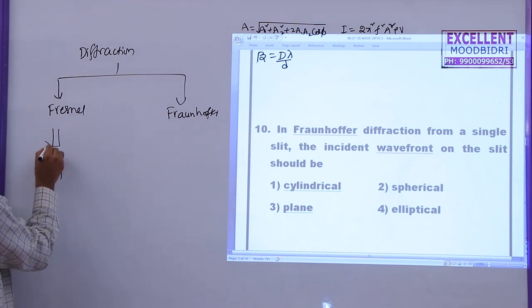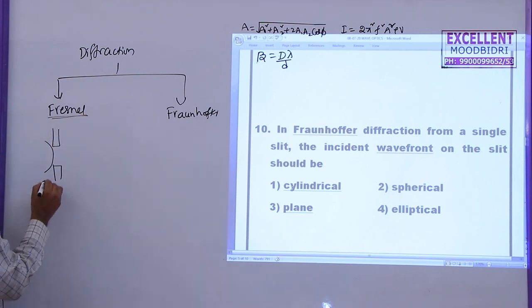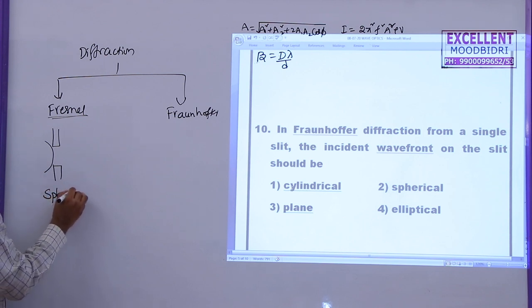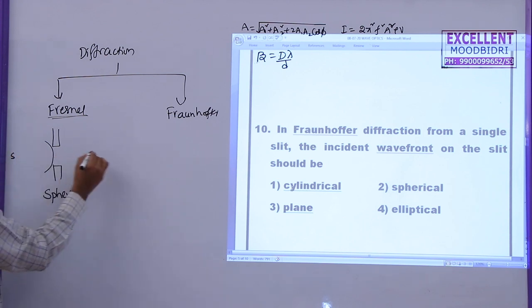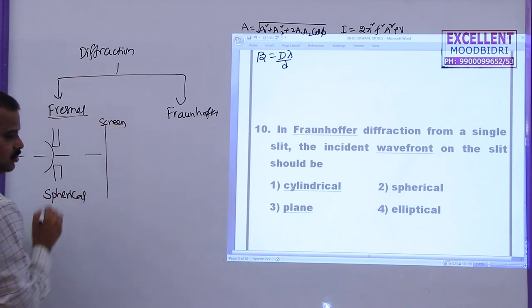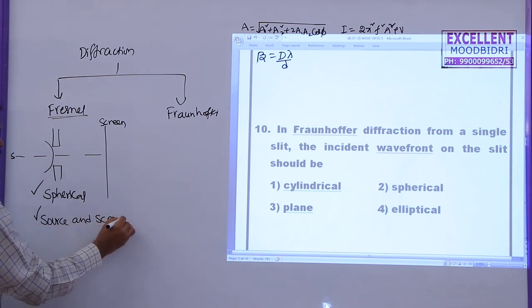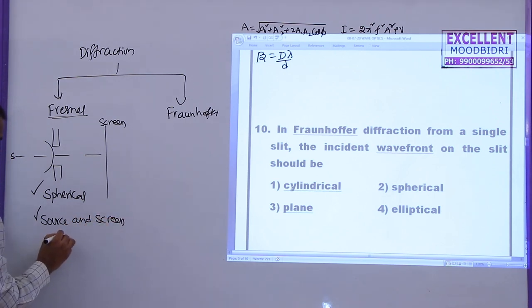That means the incident wavefront is spherical, as the source and the screen are nearer to each other, at a finite distance.